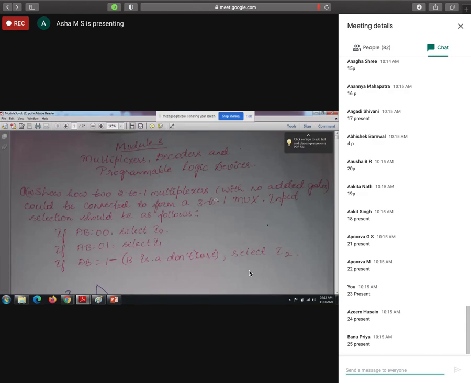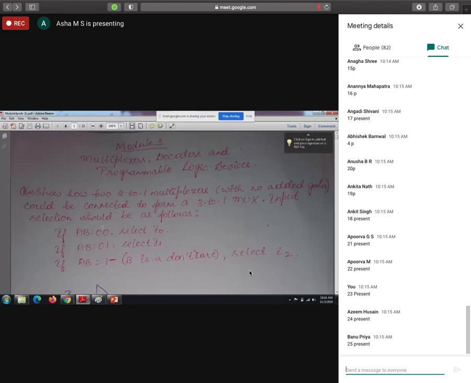Till now we studied only 2 to 1 mux, 4 to 1, 8 to 1, 16 to 1, 32 to 1, like that. But they are asking us to construct the 3 to 1 mux using two 2 to 1 multiplexers.